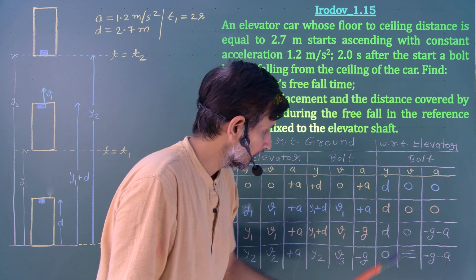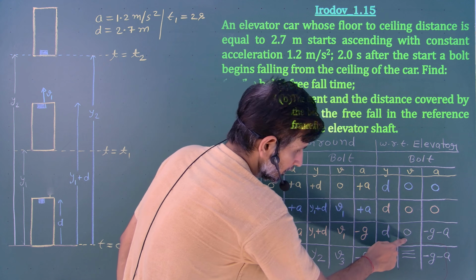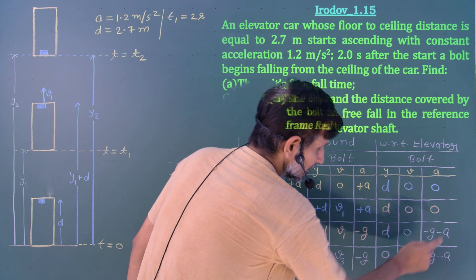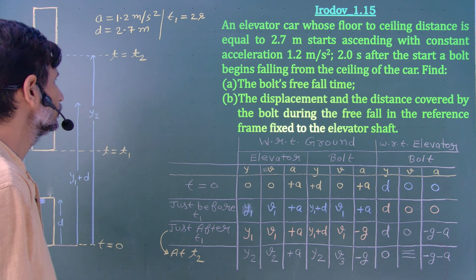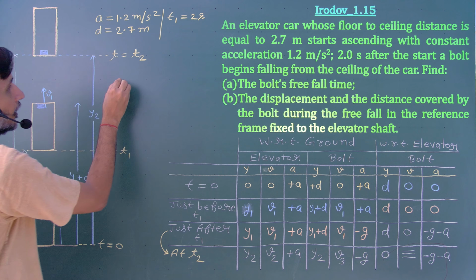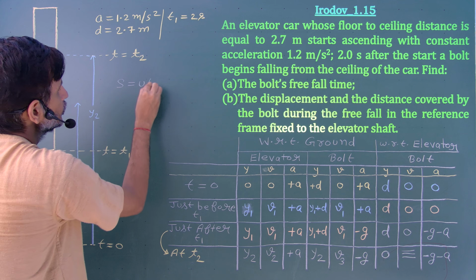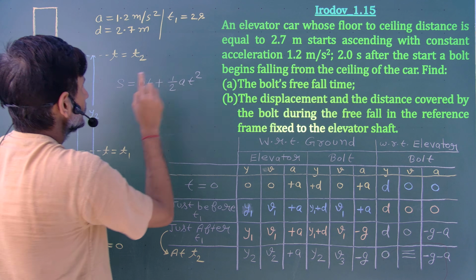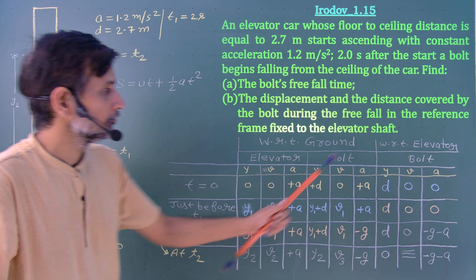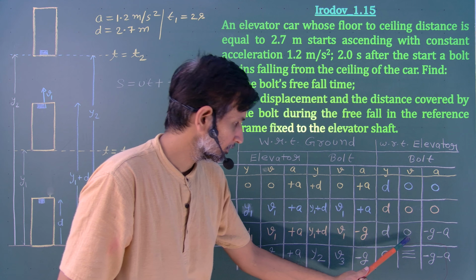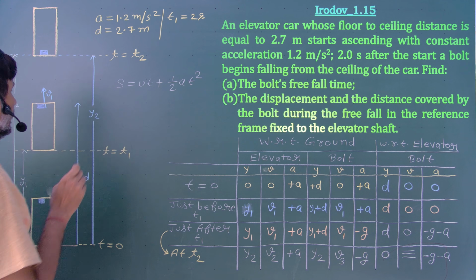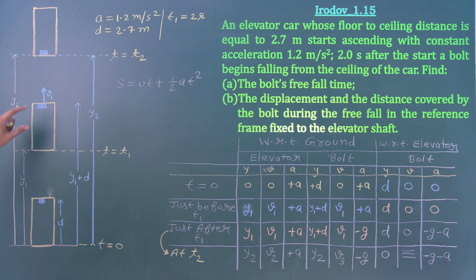With respect to the elevator, initial velocity is 0, distance is d, and acceleration is minus g minus a. So I use the formula s equal to ut plus half a t square, but with respect to the elevator. Displacement is with respect to the elevator.